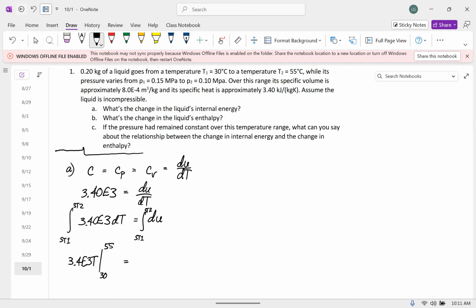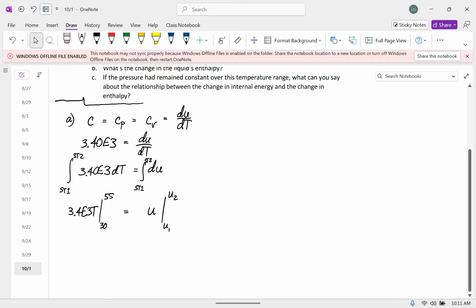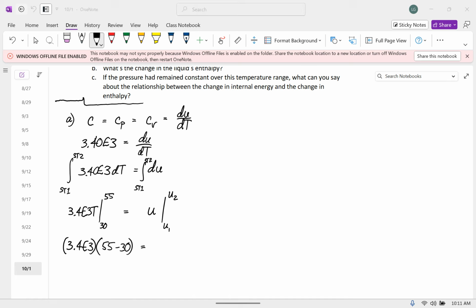This is equal to U evaluated from U1 to U2. So this is 3.4 times 10 to the third times the quantity 55 minus 30, and this is U2 minus U1, which is delta little u.